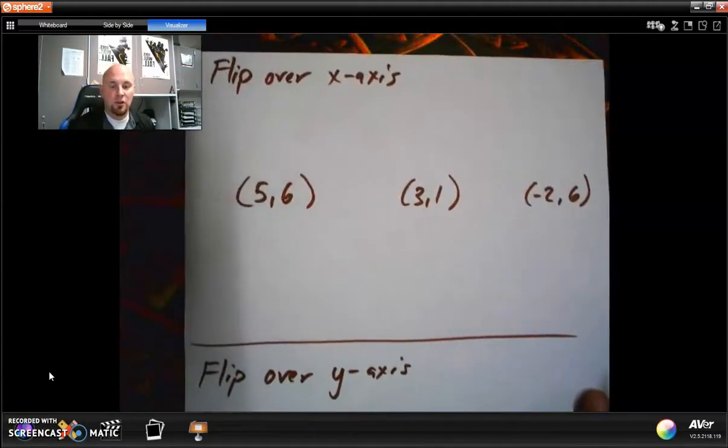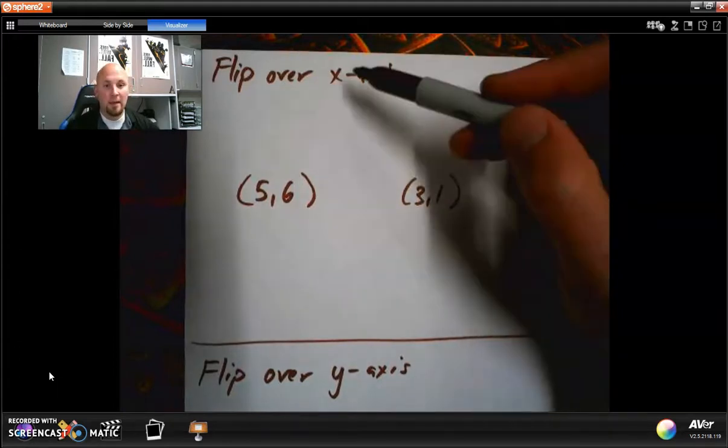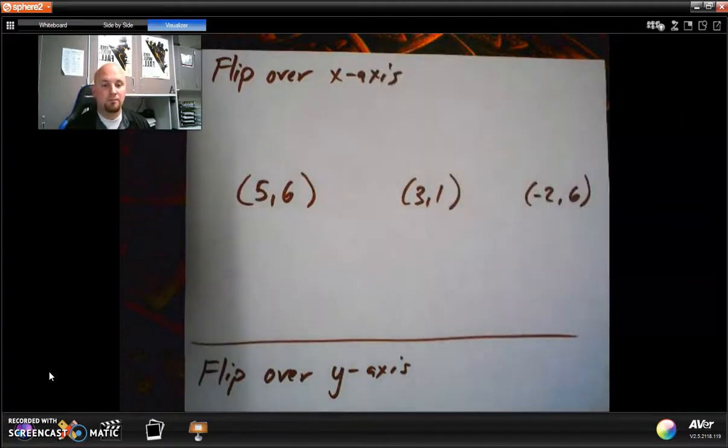Okay, so now let me show you how this works. Let's say I have these 3 points that make a triangle, but I don't have a graph. Well, how do I do it mathematically to flip over the x-axis? Well, we just learned in the previous parts of this video, you can go back to look at it.